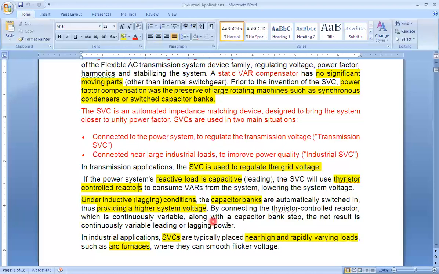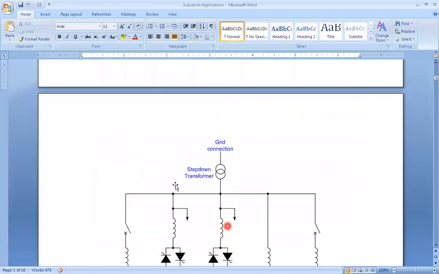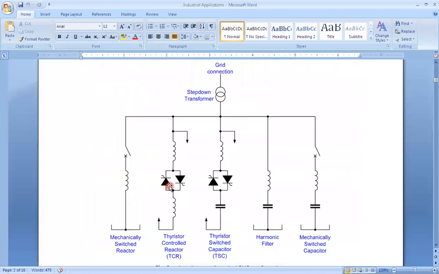So here by using the TCR, if the load is leading, then we connect this TCR in this circuit. If the load is inductive, then by connecting the capacitor, we make the power factor of the load towards unity. Okay.